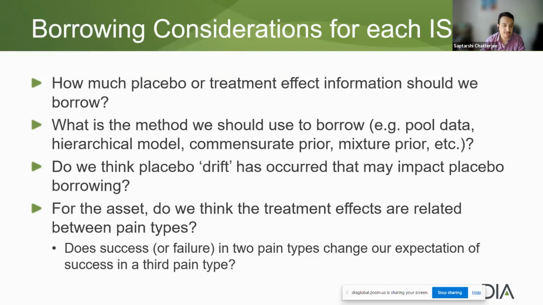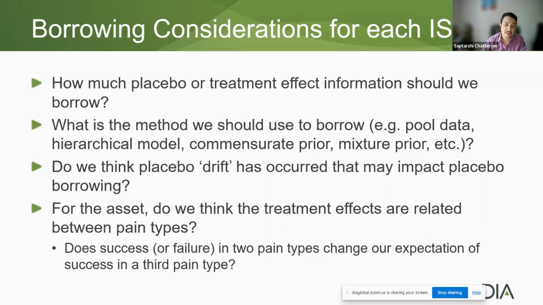Over time, the placebo response might change. Patients' expectation of getting a drug might change, as well as the response to getting a drug, because this protocol is running for a long time. If there is a drift in the placebo response, how we should handle or incorporate that may also impact the placebo borrowing.